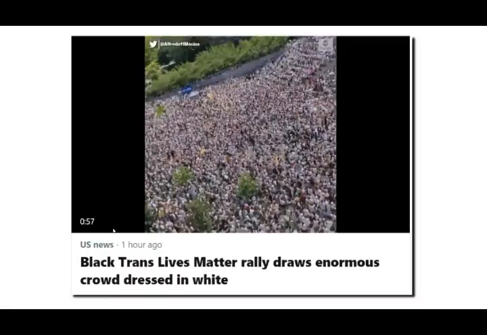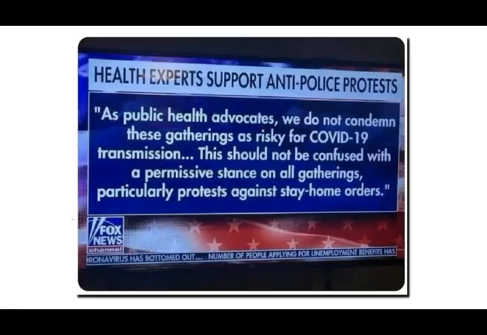What's gone on in the United States for the past 4 months appears to be completely irrational and incoherent. It's difficult for me to believe that these public health officials advocating these huge protests at a critical time was not nefarious behavior. Now we've got a big spike in cases, and the public health officials who are responsible for it are blaming President Trump. The whole thing reeks of politics.